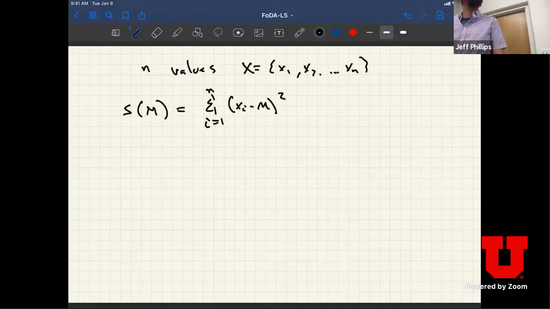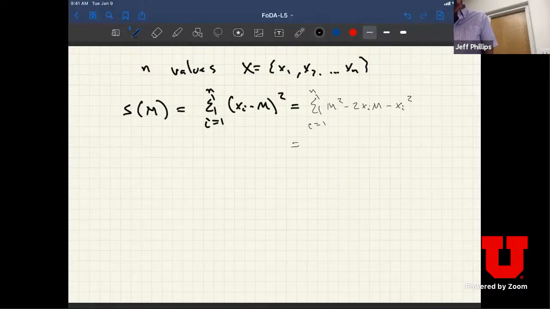And in order to understand this, we'll just expand it and use some calculus. It's not too hard, but it's worth writing this out. m squared minus 2 xi m plus xi squared.